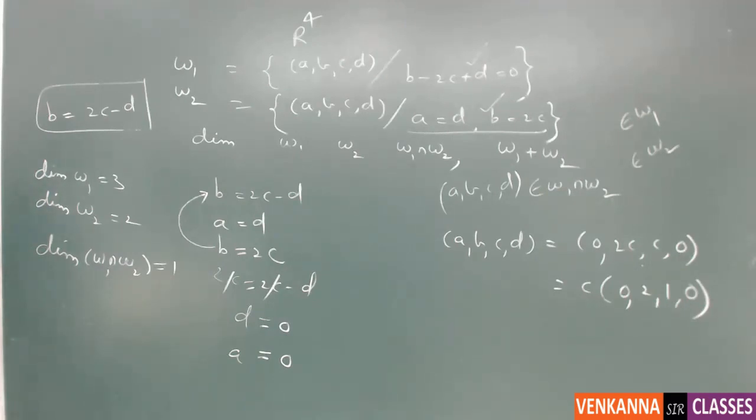Now let us add a small flavor to it. If I extend the question like this, what is the geometrical perspective of this problem? W1, W2, the intersection, and W1 plus W2. In that case, you can think like this. Since you know the basis, if you draw a picture using that, how does it look?